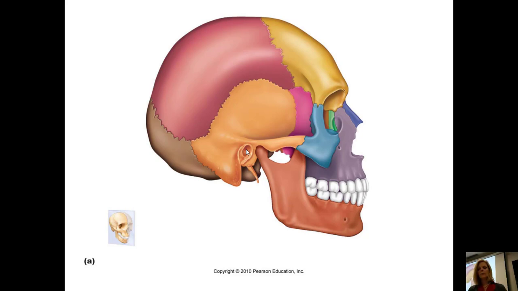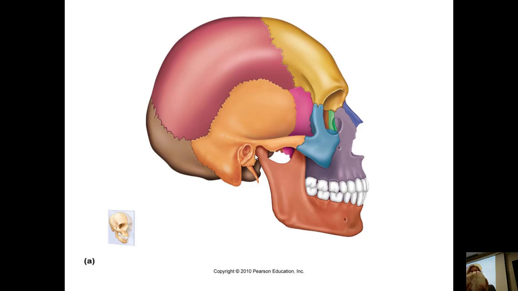And then there's one other piece that you have to know, and that's this groove here that the jawbone sits in. A groove in bone where another bone fits in and articulates or moves against that bone is called a fossa. So if you look at the skull model you might have in front of you, the jaw fits right into that fossa. If you take that jaw off and just put it right in there, there's a groove there.